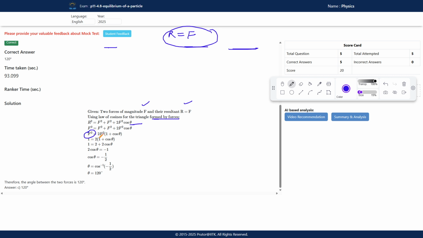So 1 equal to 2 (1 plus cos theta), so 1 equal to 2 plus 2 cos theta. So minus 1 equal to 2 cos theta, so cos theta equal to minus 1 by 2. So theta equal to cos inverse minus 1 by 2, which is 120 degree. Clear?